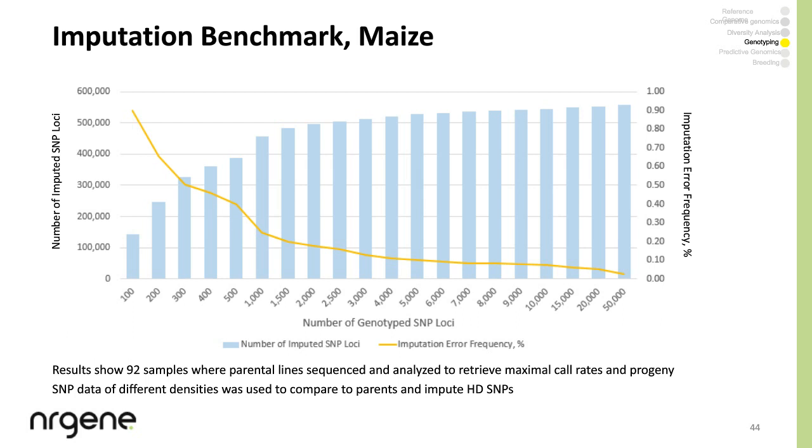We really want to be genotyping a number of loci that is in the range of 500 to 1,000 at most. And the error frequencies that are involved in those ranges is not high and is completely acceptable in the context of a technique like genomic selection.